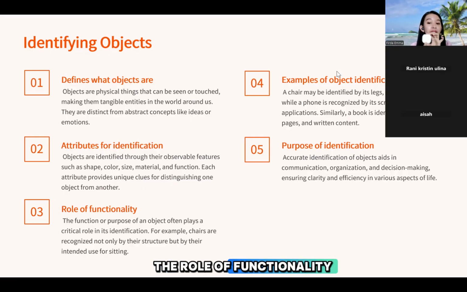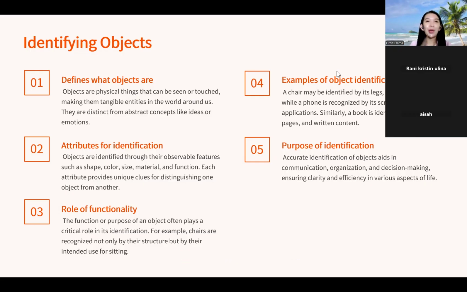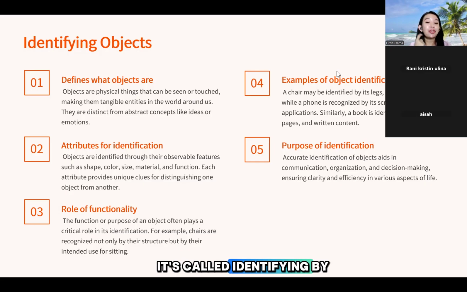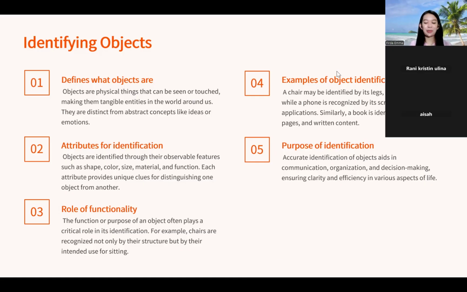The role of functionality: it provides clear sound or clear voices when we want to hear music or make a call. This is identifying the object, which is the AirPods and the case.